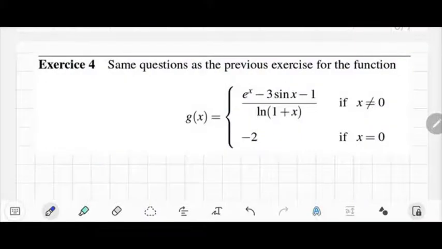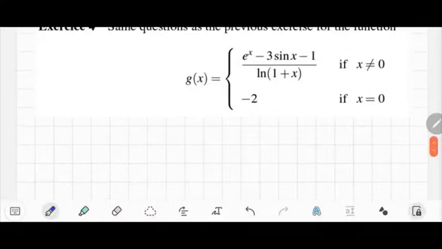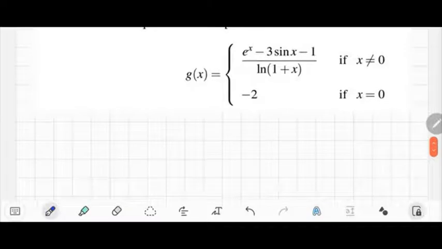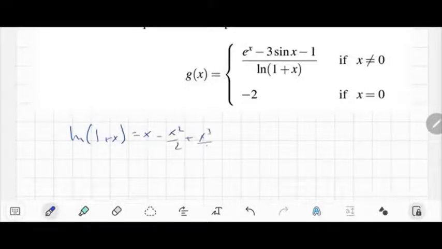Now in exercise 4 we'll do the same reasoning for this function. So we have e^x minus 3 sine x minus 1 in the numerator and ln of 1 plus x in the denominator. So we know that ln of 1 plus x can be written as x minus x^2 over 2 plus x^3 over 3, etc. Now we want to guess to which order we should go first.